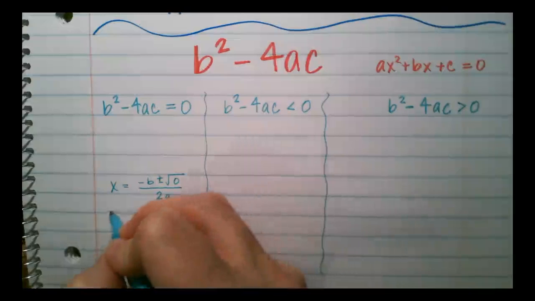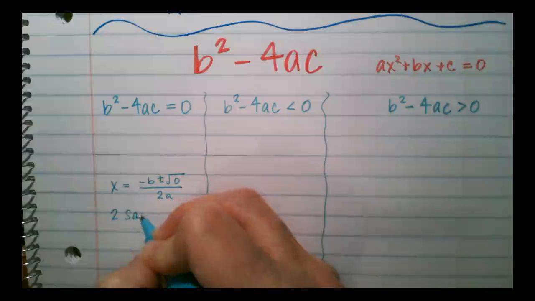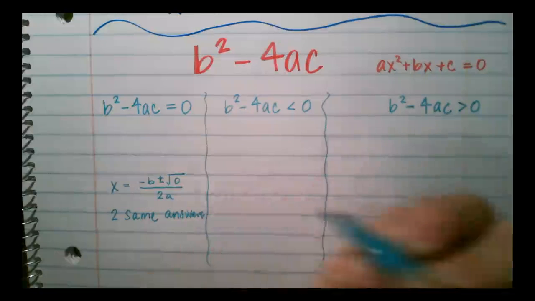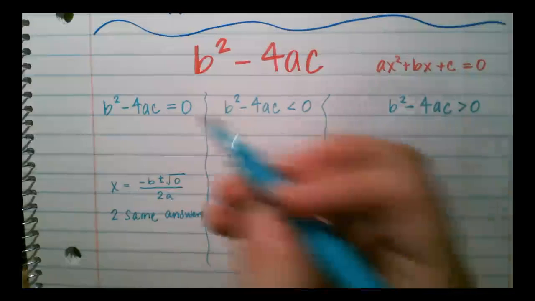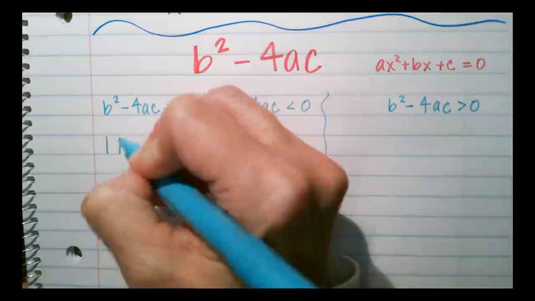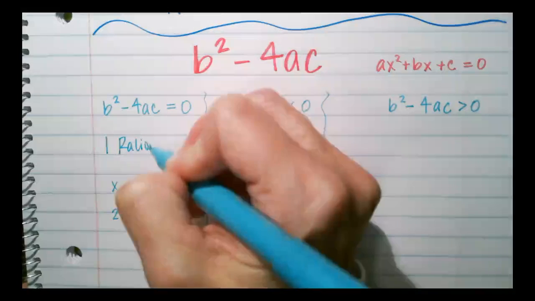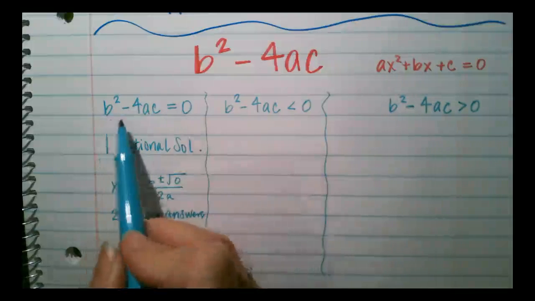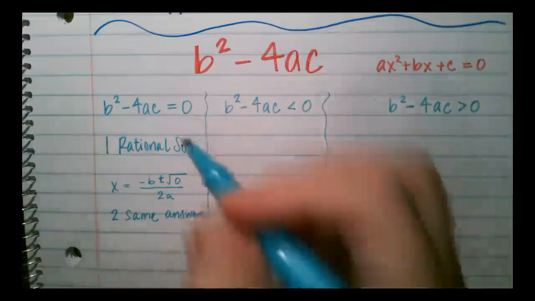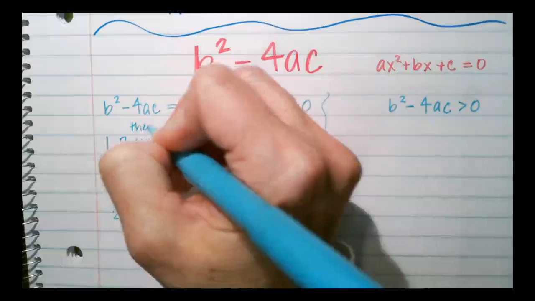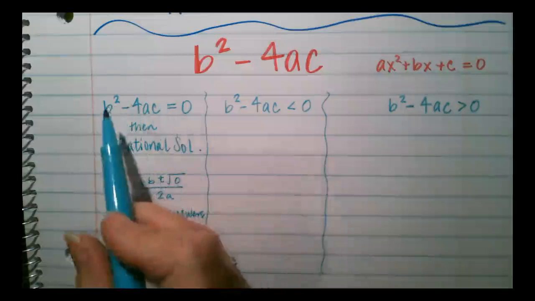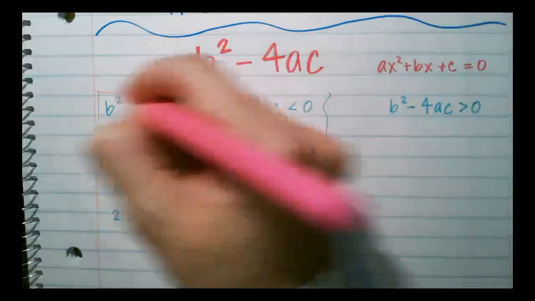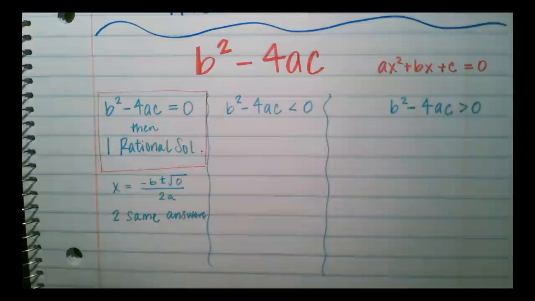So you're going to get two of the same answers. So really you're getting one rational solution. So if b squared minus 4ac equals 0, then you're going to get one rational solution. That's the first thing that can happen when you do the discriminant.